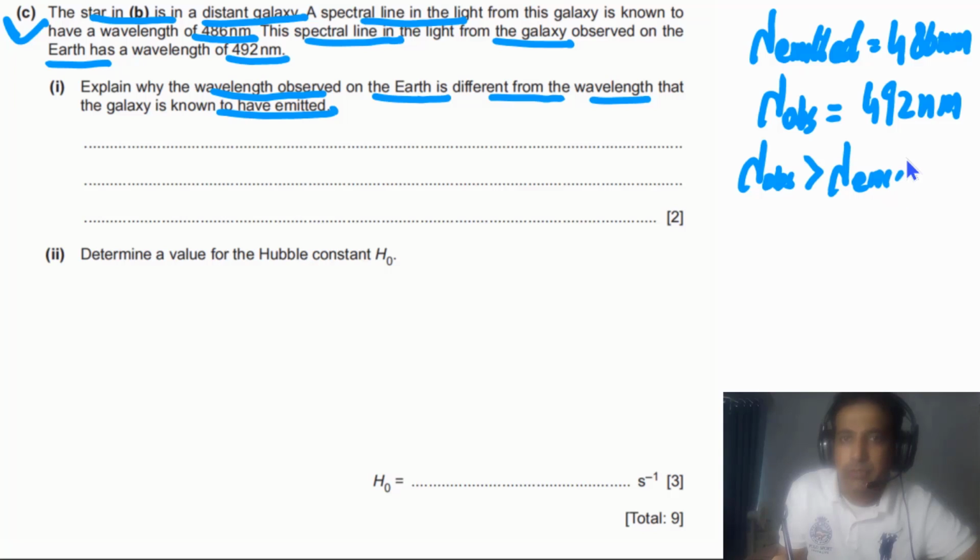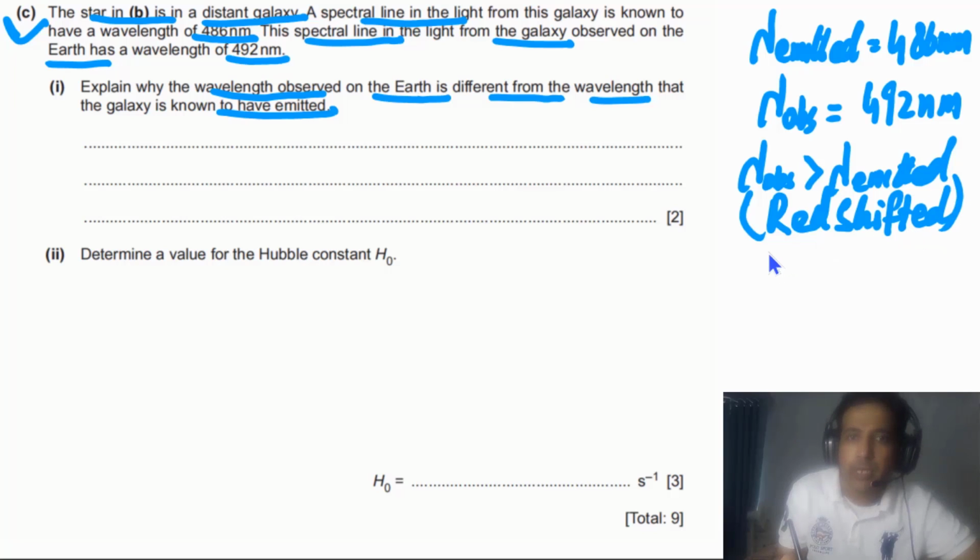So it simply means that the light is red shifted, and red shifted means moving away. So the galaxy is moving away from our planet.